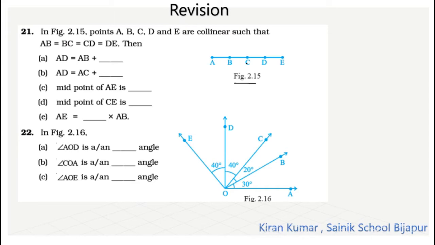AD is the length from A to D. This has got 3 parts here, AB, BC plus CD. So if AB is considered, the rest will be BD. So here it is BD.